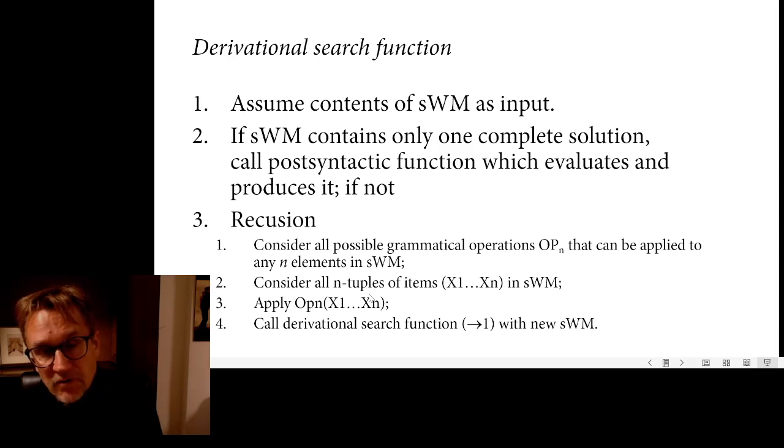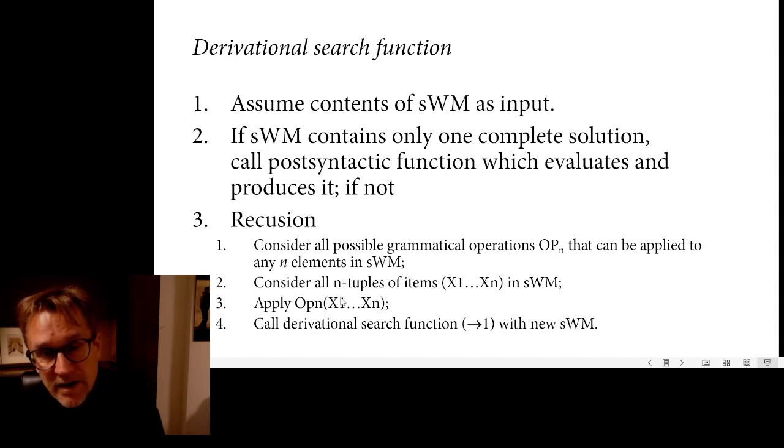So if we have an operation like merge, an operation that can combine two primitive elements into a new phrase structure, such as a definite article and noun, which combined together will create a noun phrase such as the dog, then here we consider all possible ways of applying that operation to the elements in the syntactic working memory.